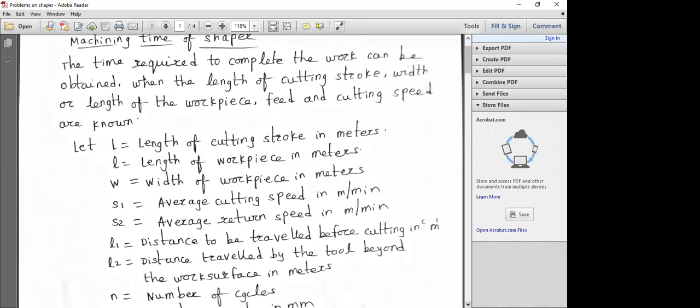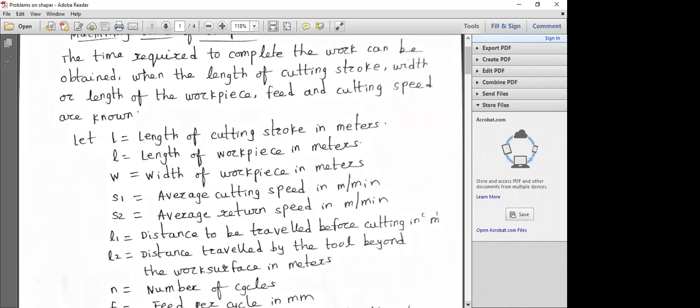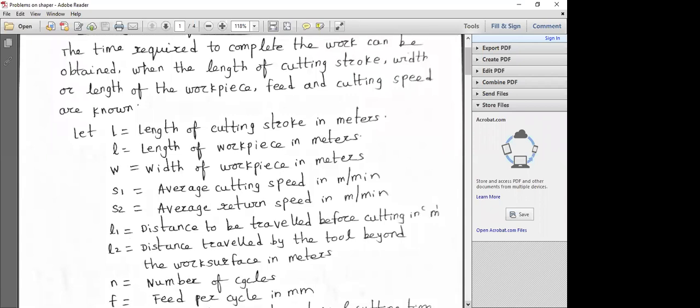N is the number of cycles. What is the number of cycles? Already I told you, in a single pass we cannot perform the machining operation. Until we get the final size of the job or workpiece, we have to go for a number of cycles. What is F?